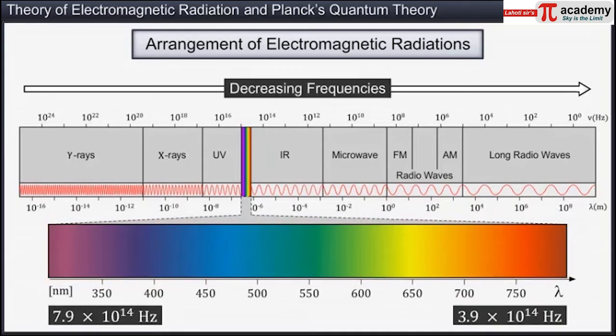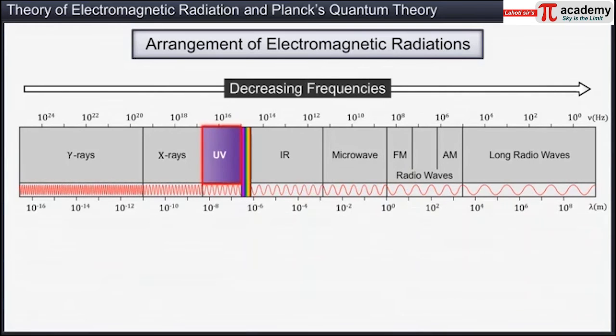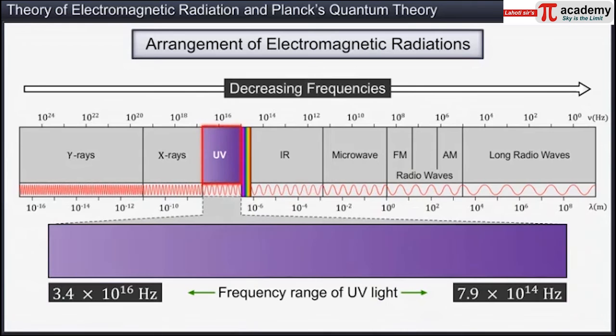The frequency range of the visible rays is 3.9 into 10 to the power 14 to 7.9 into 10 to the power 14 Hz. The region above the violet color is called the ultraviolet region and has a frequency equal to 7.9 into 10 to the power 14 to 3.4 into 10 to the power 16 Hz.